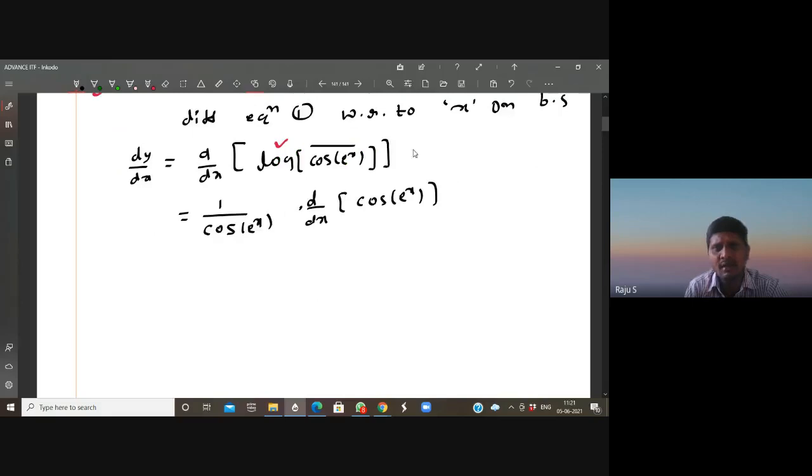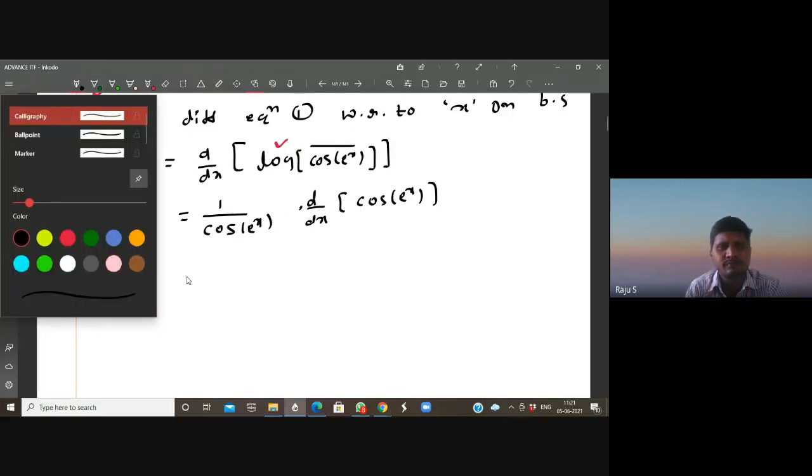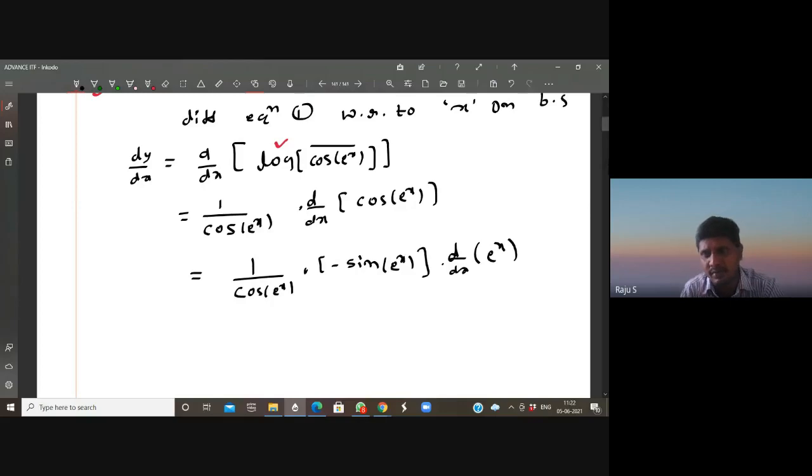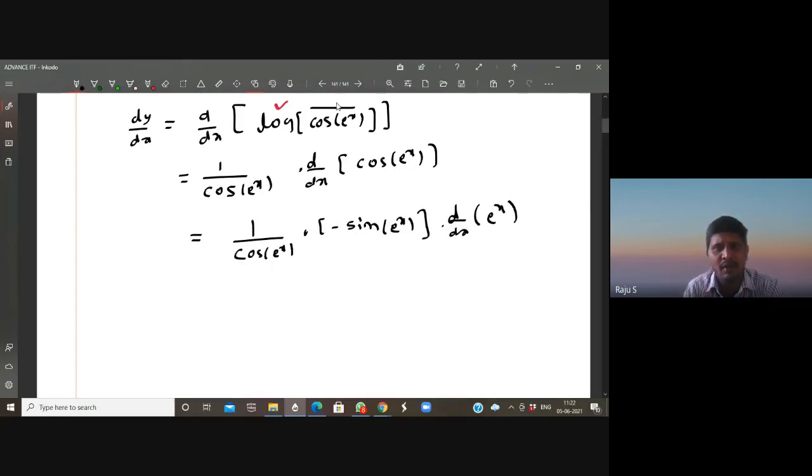Then after log, comes cos. 1 by cos e power x into the derivative of cos, which is minus sine e power x, into d by dx of e power x. At last, the derivative of e power x. So I have completed the derivative of log, the derivative of cos, and at last e power x.